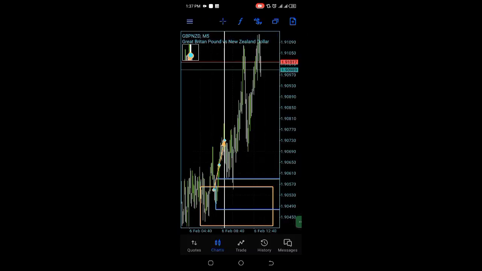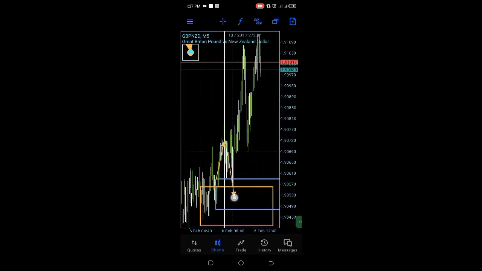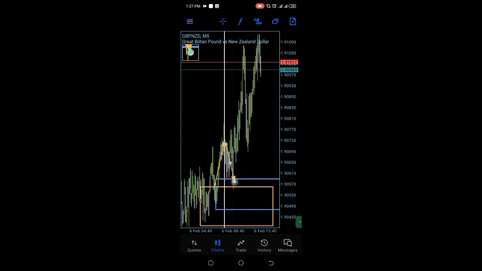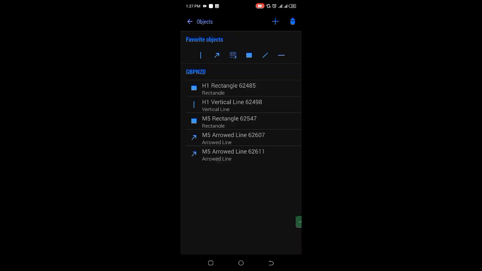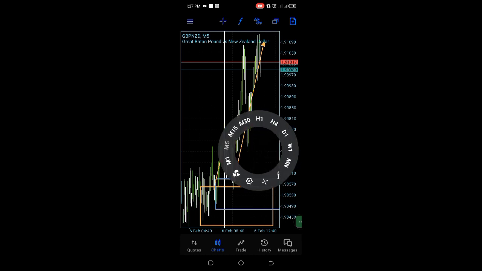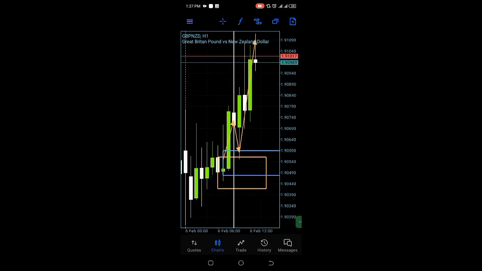So there's a move, then we saw price coming back to tap into that zone. Okay, actually the blue zone, and we saw how price took off out of the zone. So all of this happened today, and then a lot of opportunities. Just in case you missed the first one, you would have jumped into the second one.